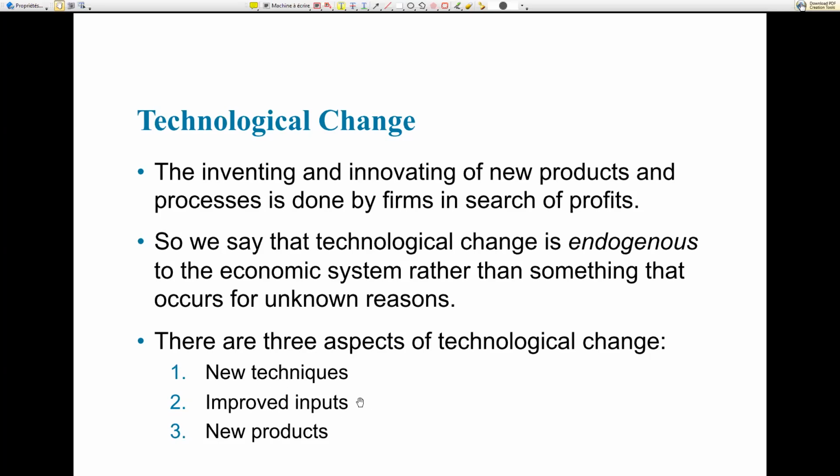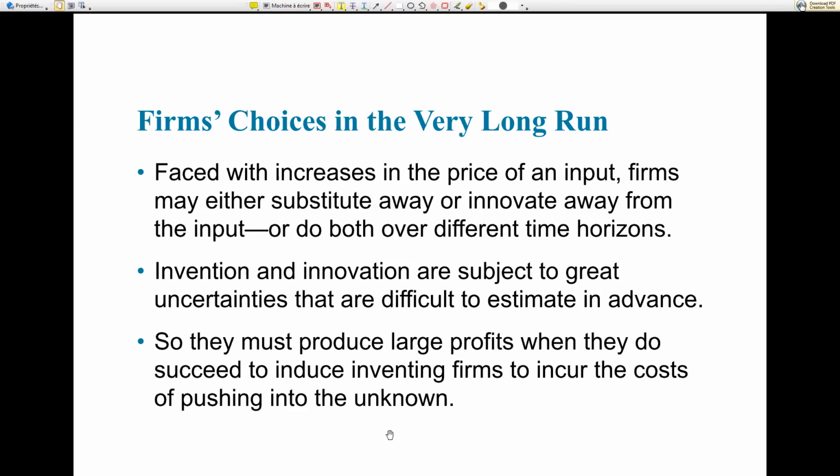For instance, more qualified workers. If an input increases in cost, then a firm can either substitute away or innovate away from the input, or do both over different time horizons.